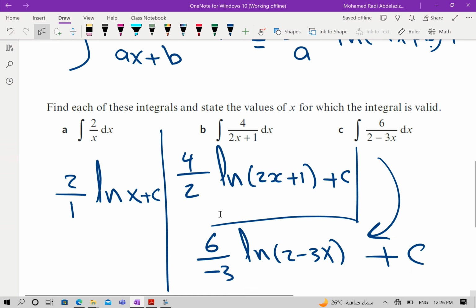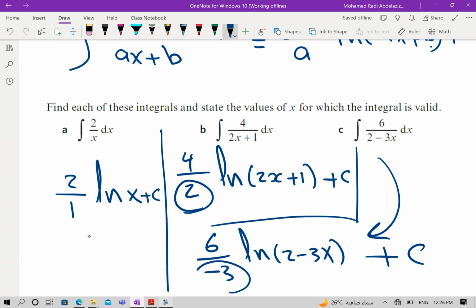Why do we write 2 over 1? It's okay too, but I explained why it's 1, because maybe someone asked me why it's 2, or why it's -3. So this is why I wrote it. But in the final answer, write 2 ln x plus c.